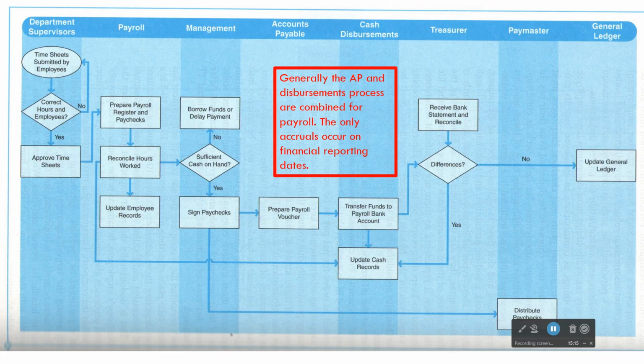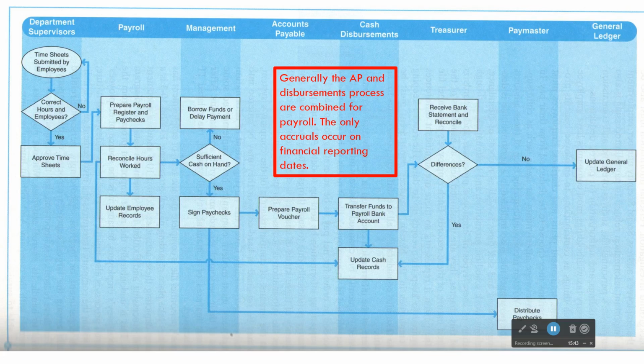I bring it up because I like to point out where the problems are. In the past, you could sign paychecks and you could keep these signed paychecks in a locked compartment, and then you could distribute them. And you see that down here because we have the paymaster column, and they're actually being distributed after the funds are transferred.